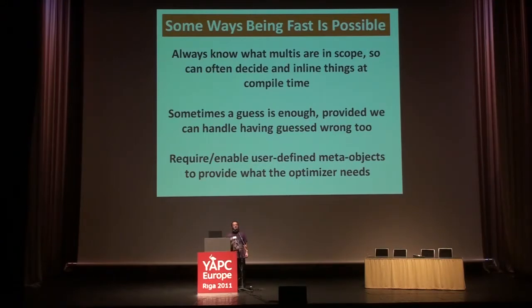Sometimes we don't actually need to know the correct answer at compile time to optimize. We can make a good guess and just make it so we can fall back to some kind of slower path if we guess wrong. And also, we can co-opt all of these user customizable things to make sure they are giving us enough information so that we can actually use them in the compilation process and generate good code too.